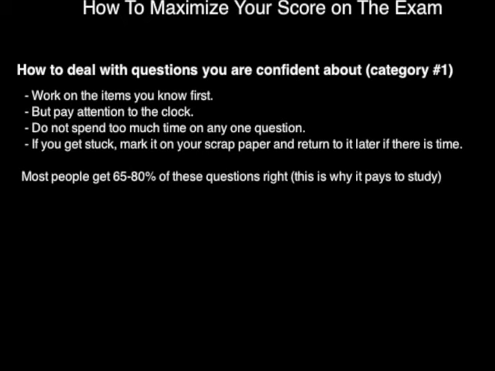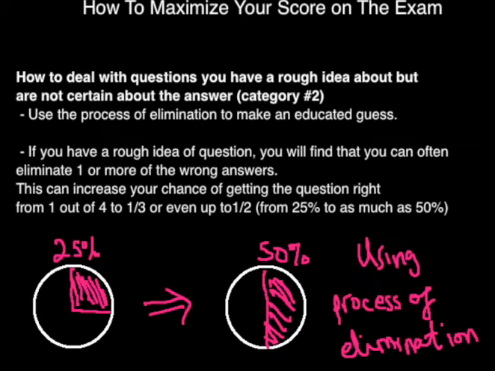Now, depending on the level of practice you have, most people get somewhere between 65 to 80% of the questions that they felt very comfortable with correct. So even when you think that you really know a material, there's a chance you'll get some of those wrong as well.